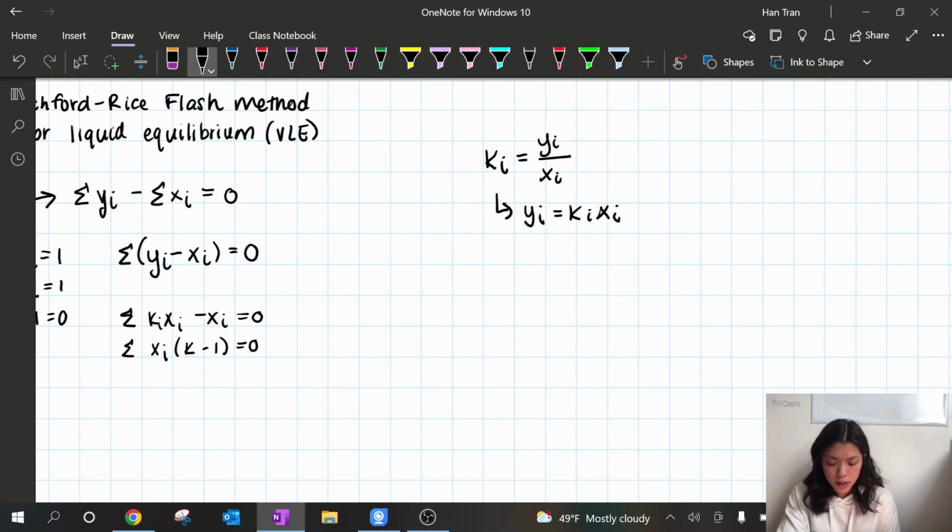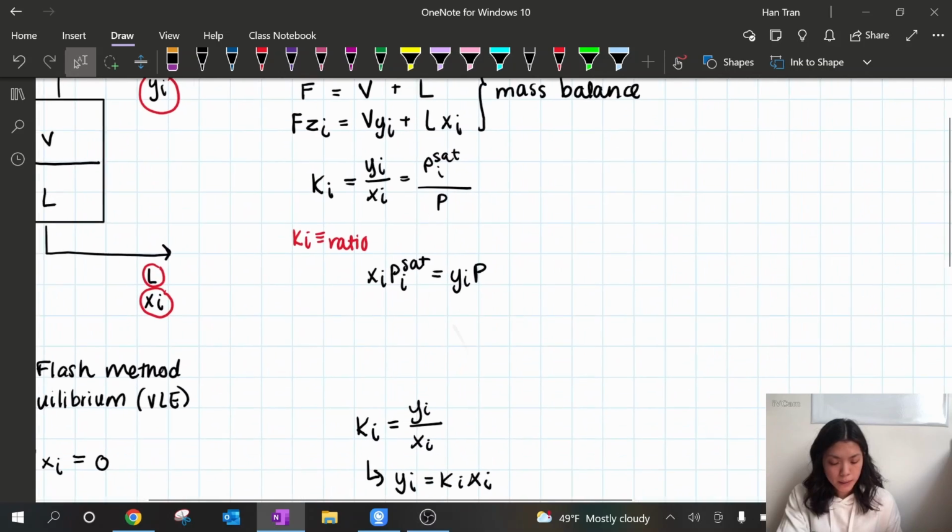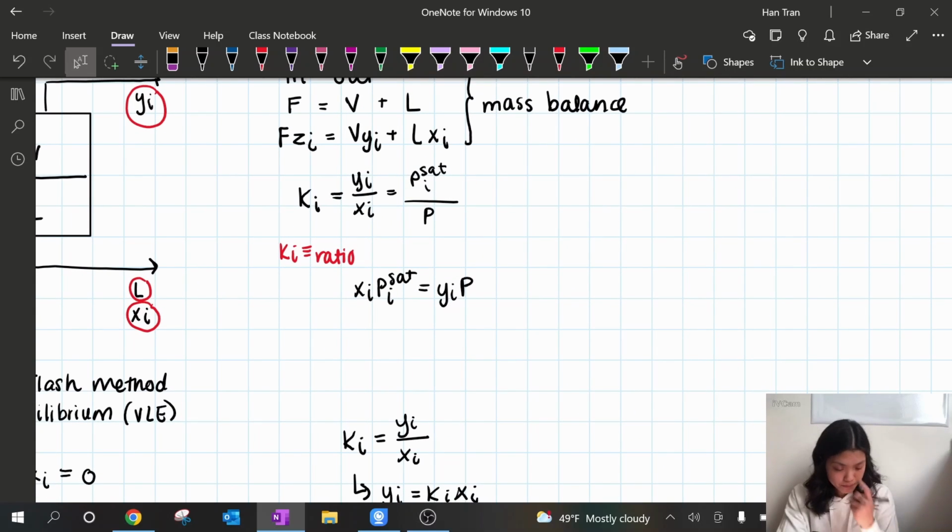And now we have this liquid mole fraction, which we also do not know, but up here we can use this equation.